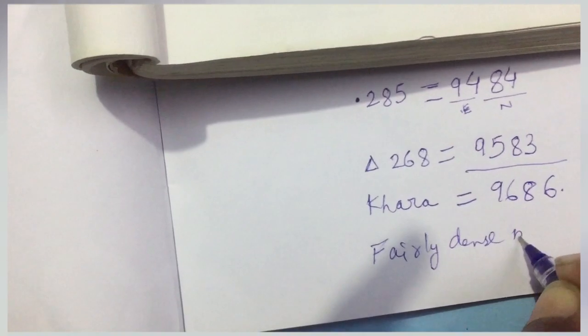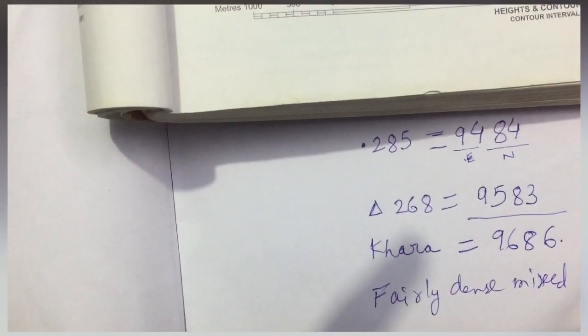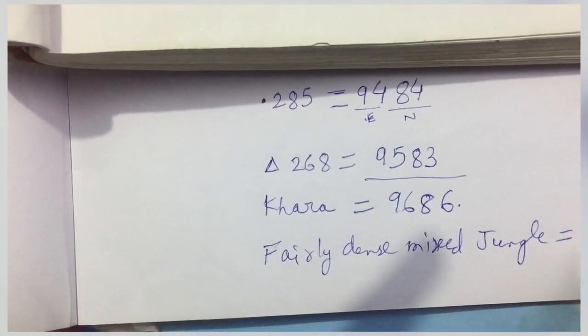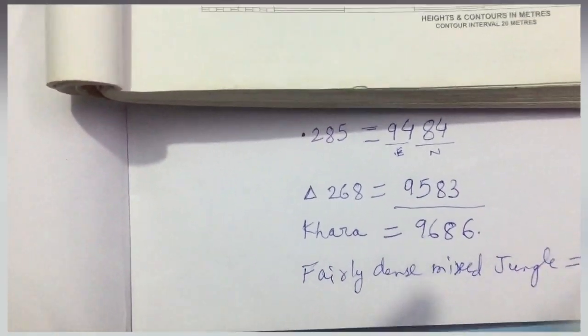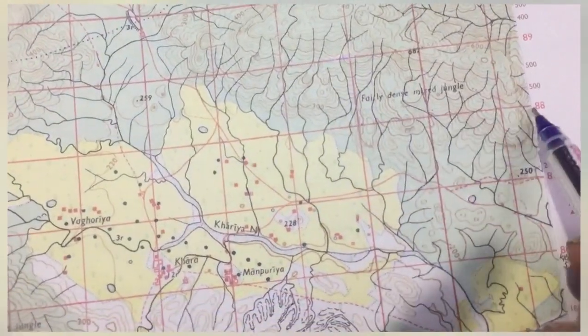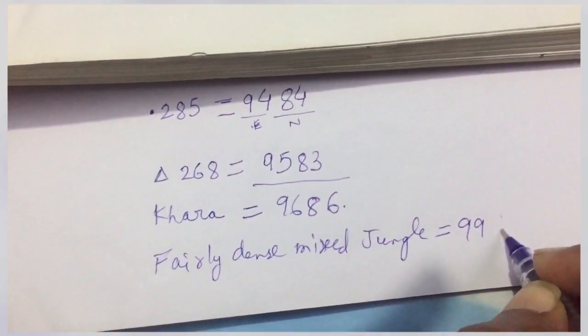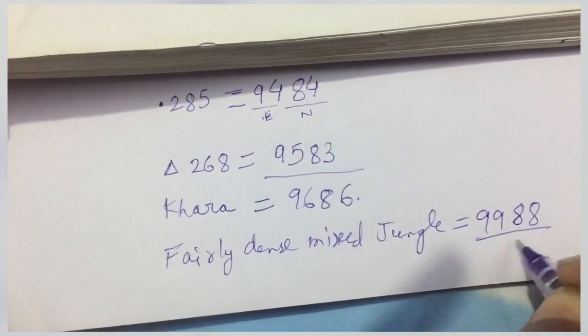So what you will write here, that is fairly dense mixed jungle. Okay, its four figure grid will be, first one was 99, and let us look at the northing. The northing will be 88. Okay, northing will be 88. So 88, 99 and 88 will be the answer.